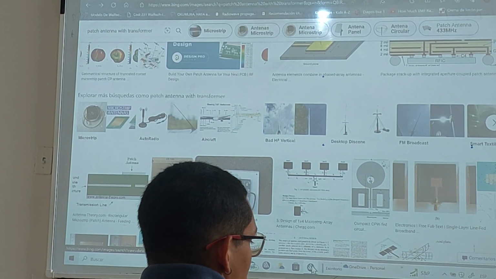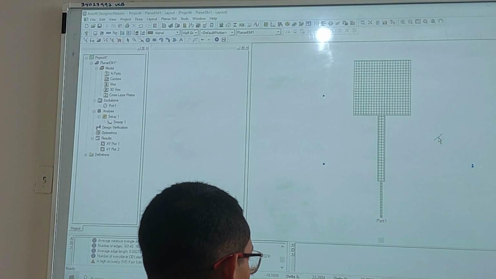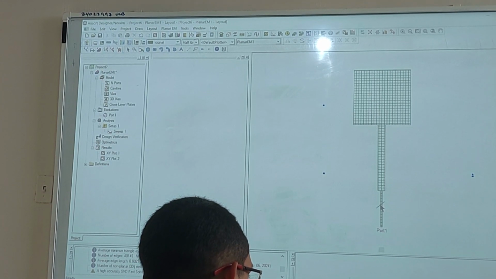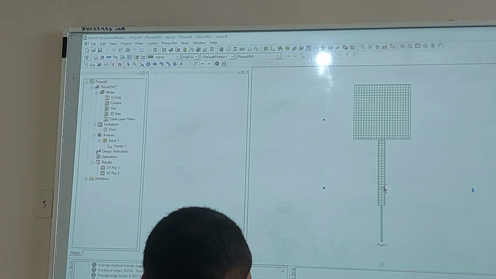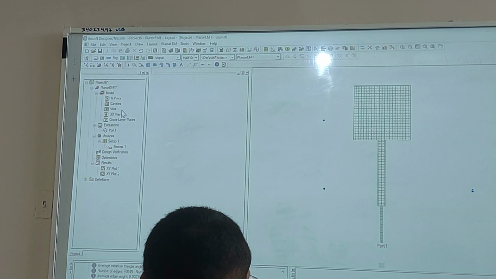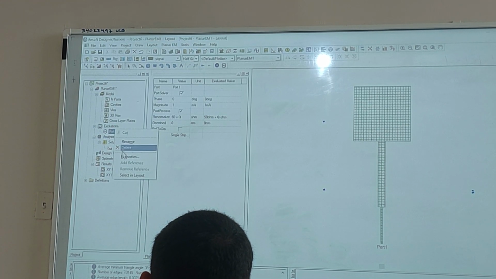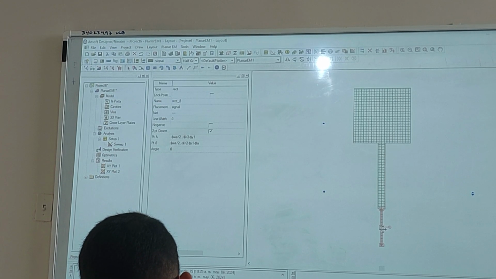Okay? Now, we go to do the other simulation. I mean, we remove this and we need to go to the other solution. We eliminate the port. We eliminate this coupling.